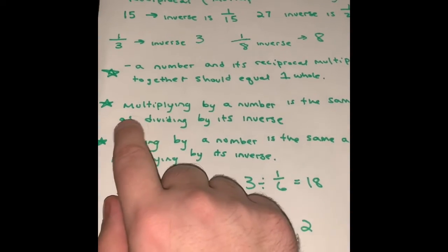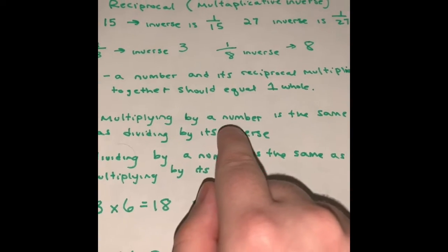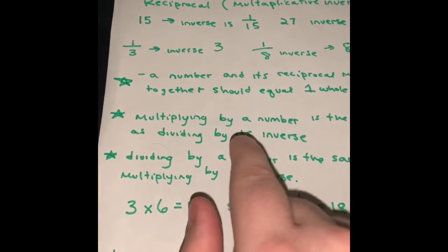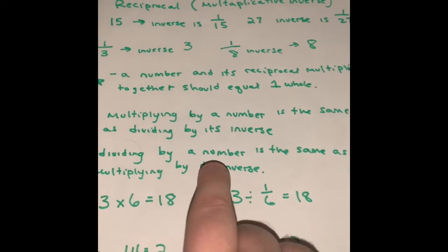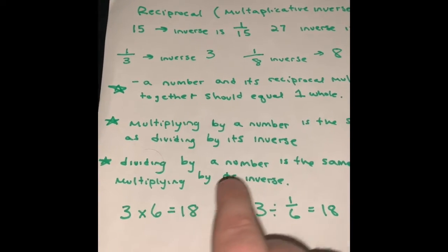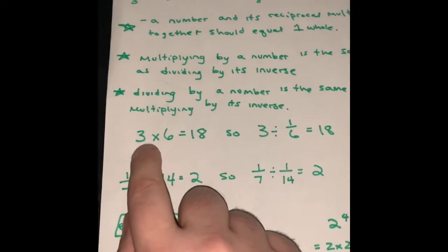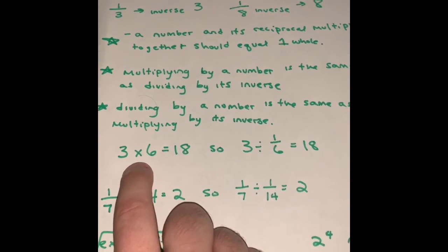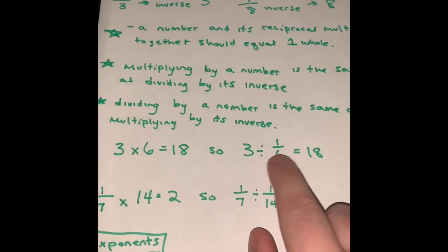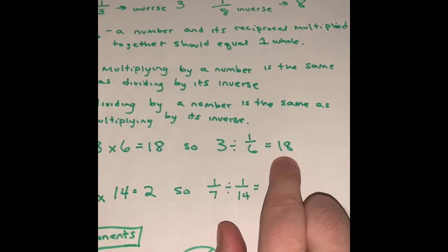Another important thing we need to know about reciprocals is multiplying by a number is the same as dividing by its inverse or reciprocal, and vice versa. Dividing by a number is the same as multiplying by its inverse or reciprocal. So what that means is, if I did 3 times 16, I know that multiplying by 6 is the same as dividing by 1 over 6, and I should get the same answer.